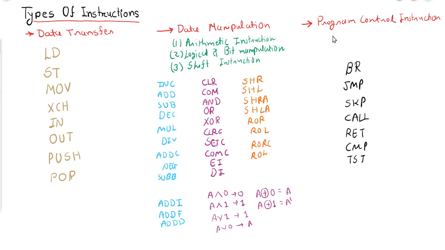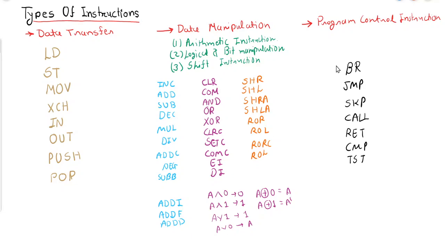At last we have program control instructions, which help the CPU manage the execution of a program. There will be branch and jump, which can be conditional and unconditional. If the condition is true, then the jump or branch will take place, and if the condition is not true, normal execution will continue.